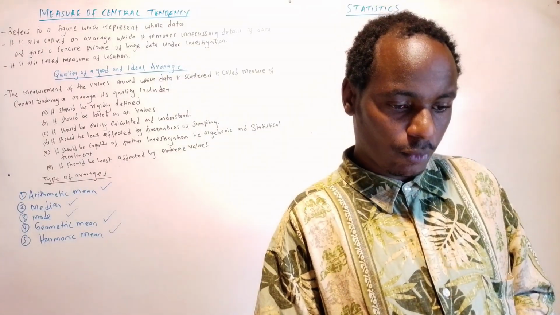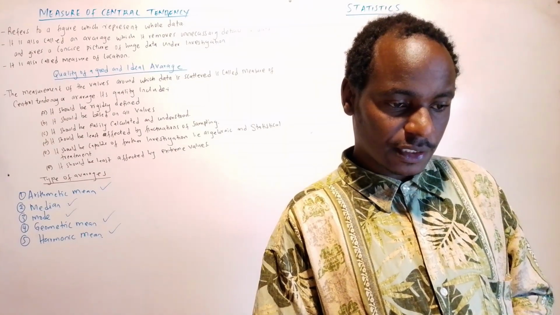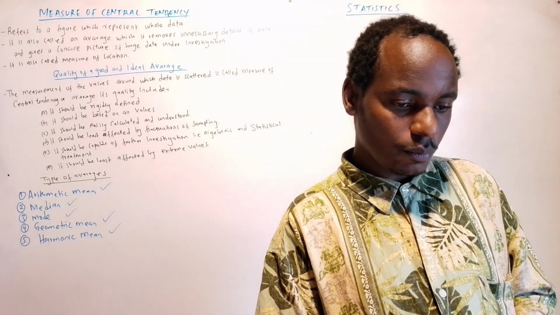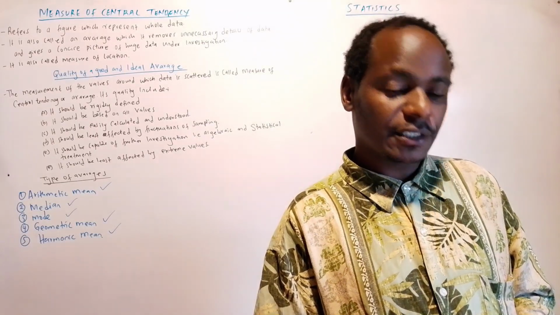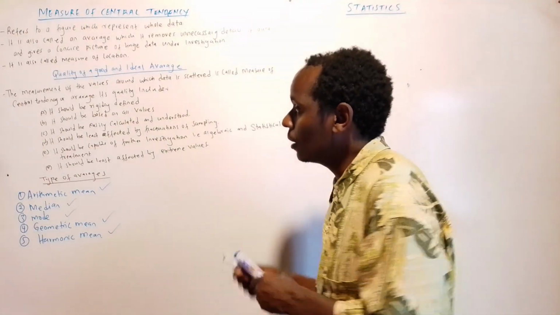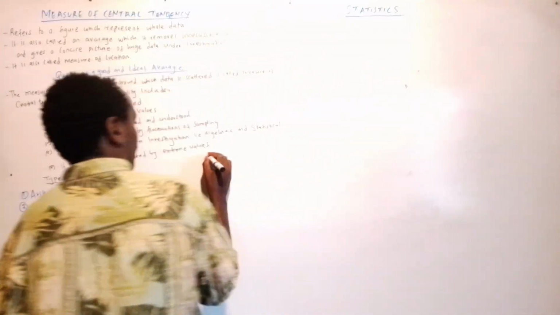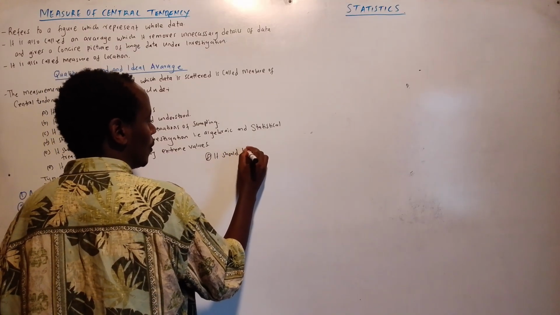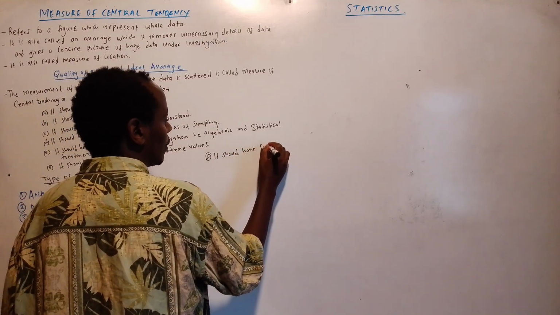Let us see some of the other characteristics that you need to know. You can also add, it should have sampling stability. So another characteristic, it should have sampling stability.